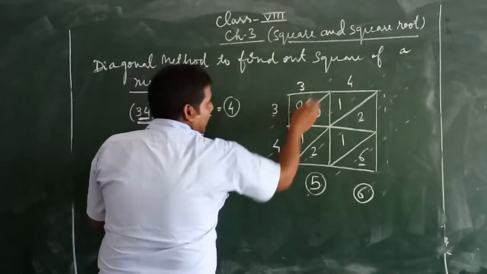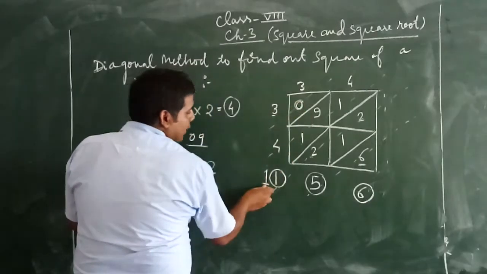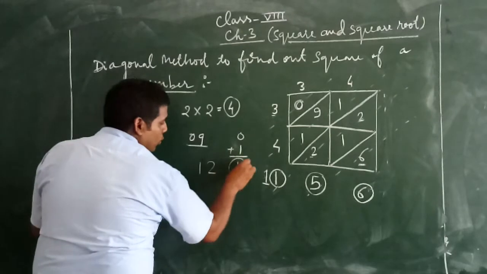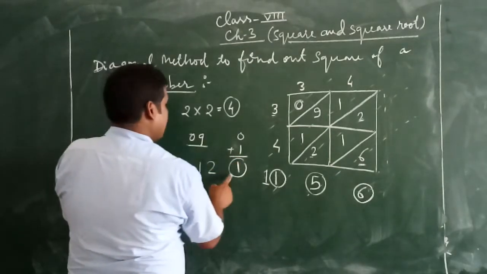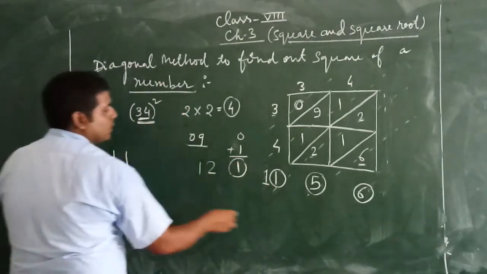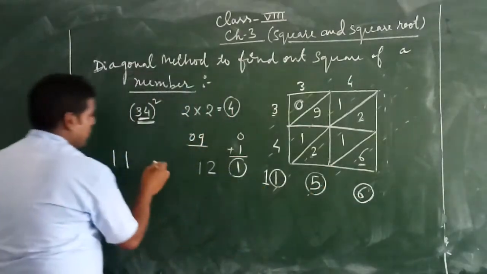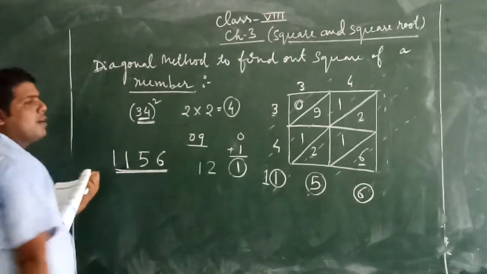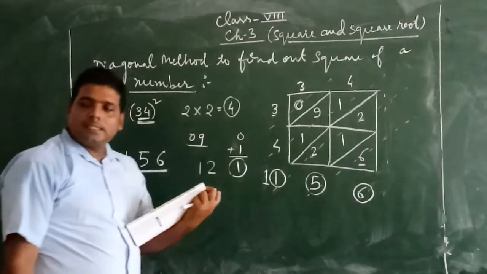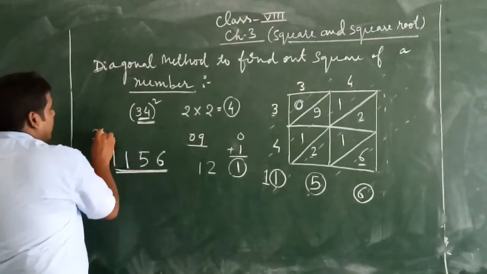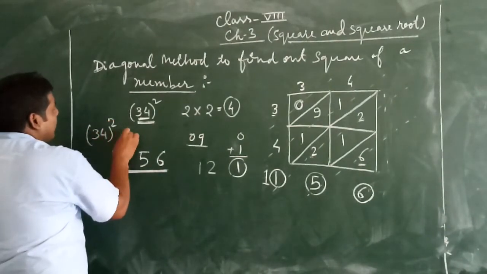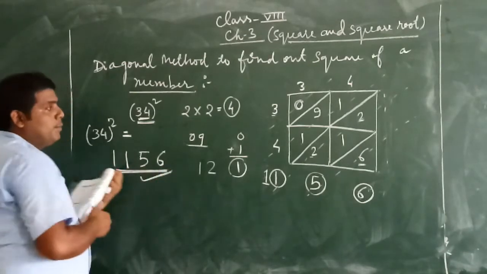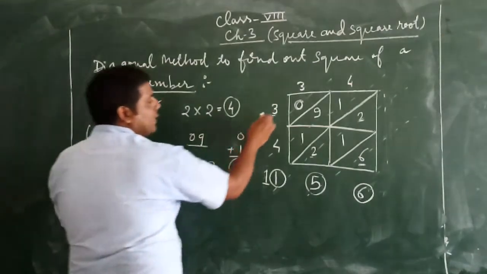In the fourth diagonal only 0 is here, and we add 1 to 0, we get 1. So 1, 1, 5 and 6. 1156 is our required result. So the square of 34 is 1156.